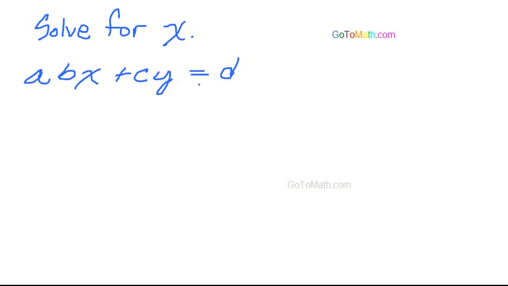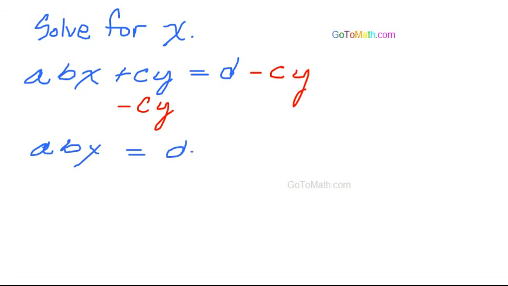Let's get the cy over to the other side by subtracting cy from both sides. Now we're left with abx is equal to d minus cy. And then, of course, what we can do is multiply through by the reciprocal. We're going to need to put this in parentheses, put it in green, I guess.